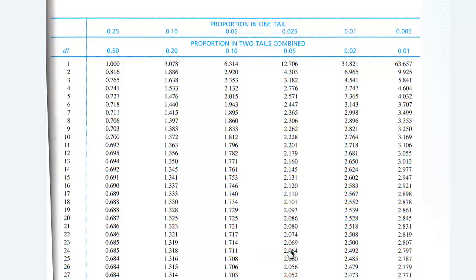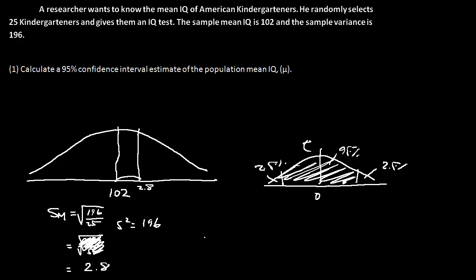So it's 2.064, and this is minus 2.064. The way I got this was degrees of freedom being 25 minus 1, which is 24. So I use the t-table to get these numbers.